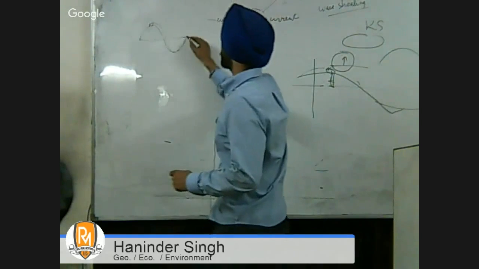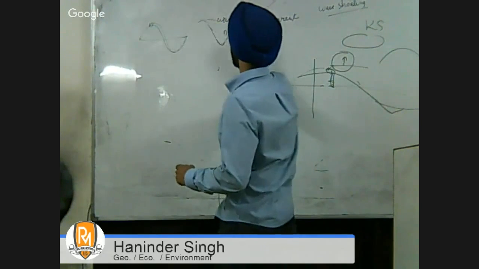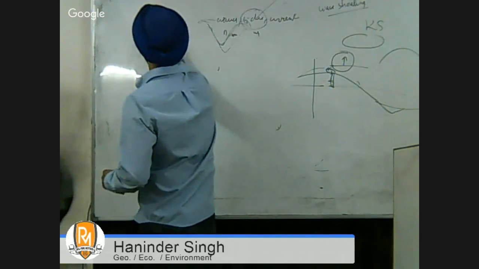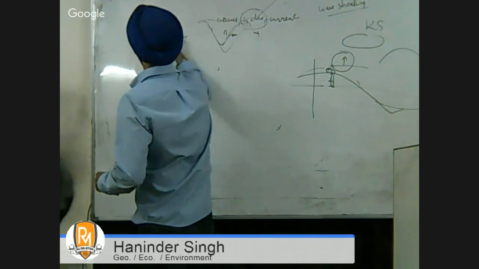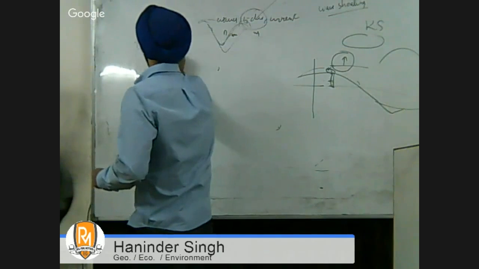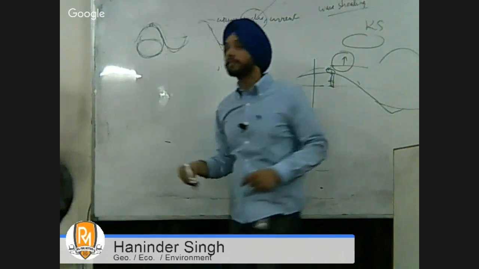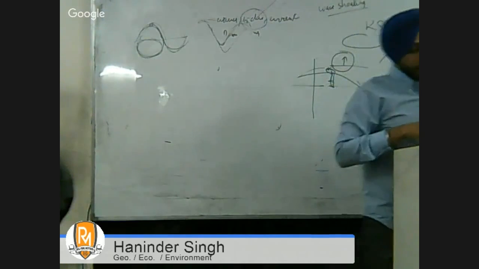Waves pass the energy, and the water just changes shape. Say this is water that rises and then comes back here. Water does not go there. So the actual motion of water beneath the wave is circular.